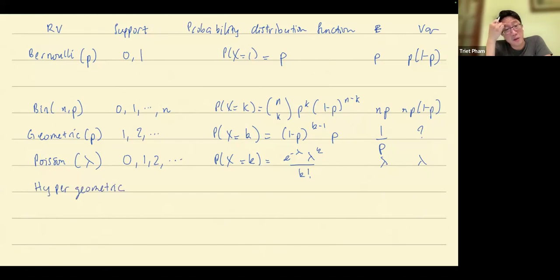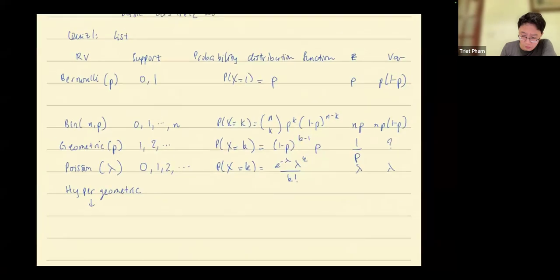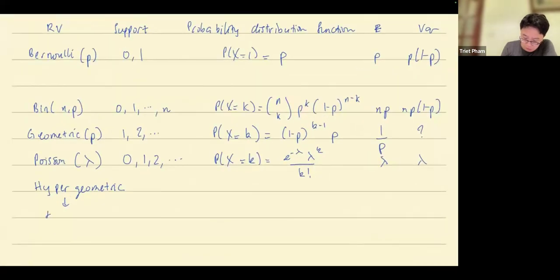I don't think it will show up a lot in this class, so I'm just gonna say very briefly about it, and we won't list out everything. But the hypergeometric is basically about something like selection without replacement.